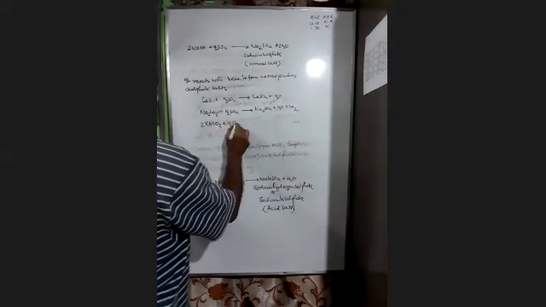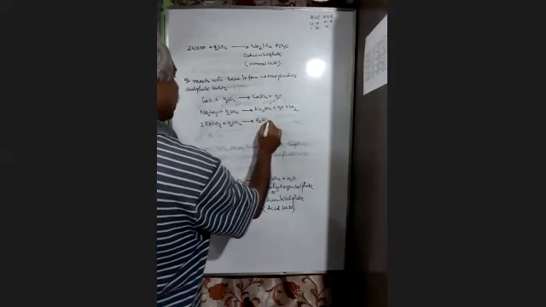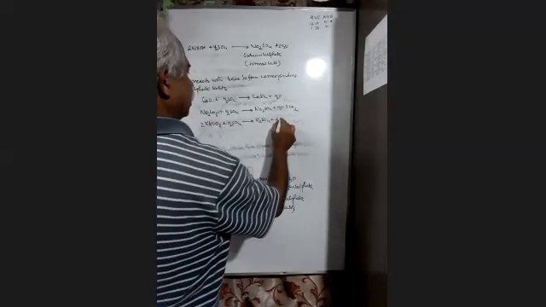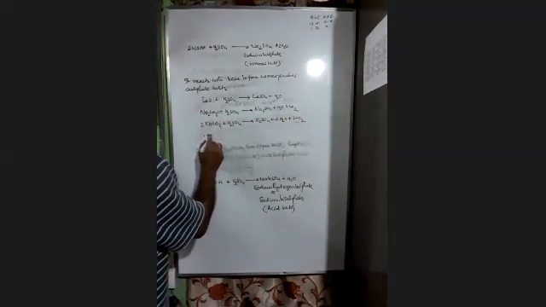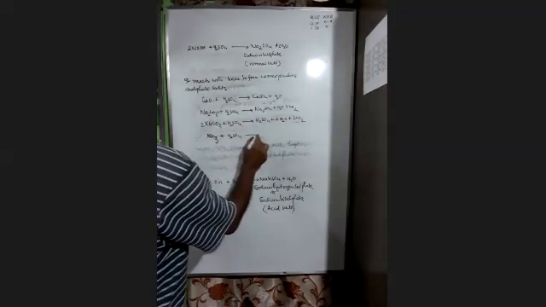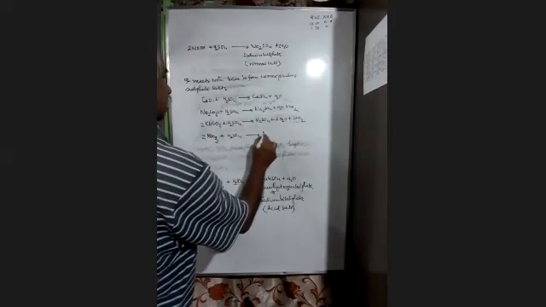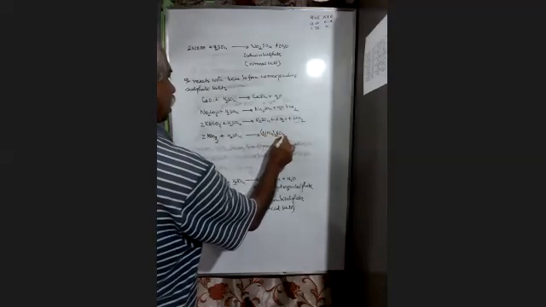So you will get here K2SO4, 2H2O, 2 carbon dioxide. It will react with ammonia to form ammonium sulfate.